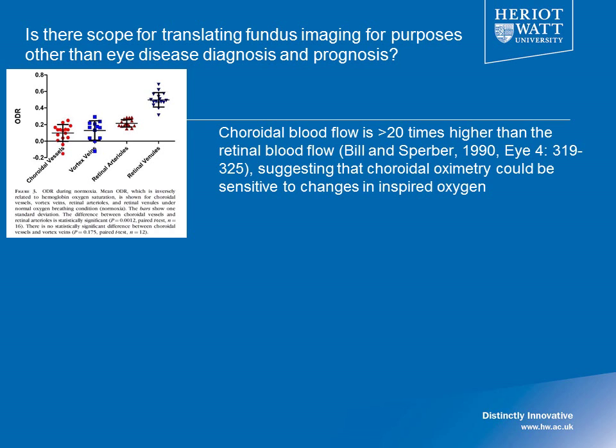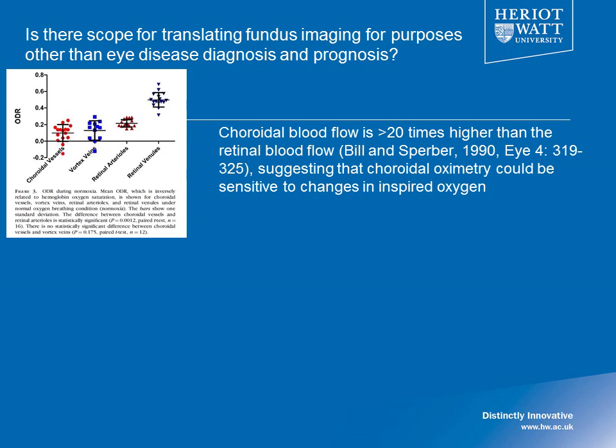We already know that the choroidal blood flow is about 20 times higher than retinal blood flow, reported by Bill and Sperber in 1990, and it suggests therefore that if we want to look at oximetry, maybe the choroid is more sensitive to changes in oxygen saturation, certainly inspired oxygen.